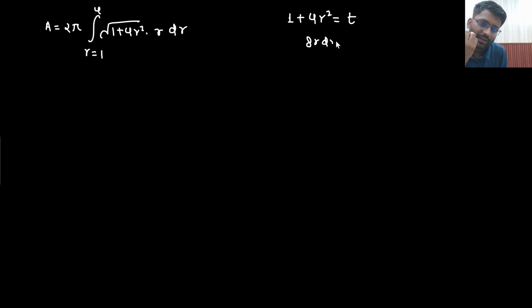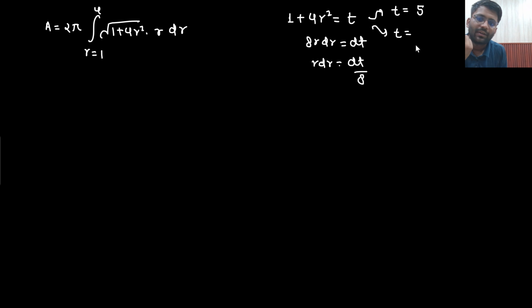This will become 8r dr equals dt, so r dr would be dt by 8. If the value of r is 1, then the value of t will be 5, and if the value of r is 4, then 16 into 4 will be 64, so the value of t will be 65.